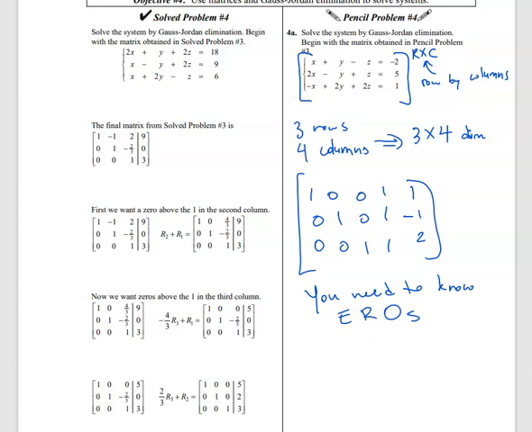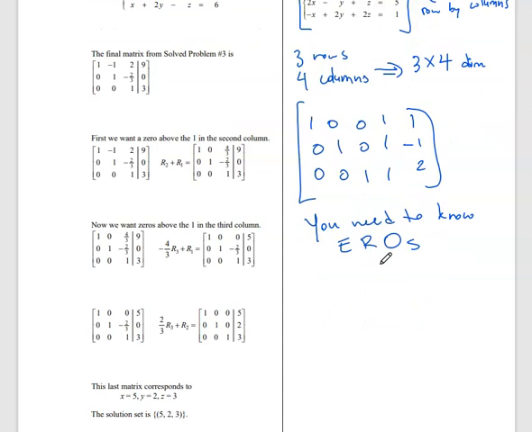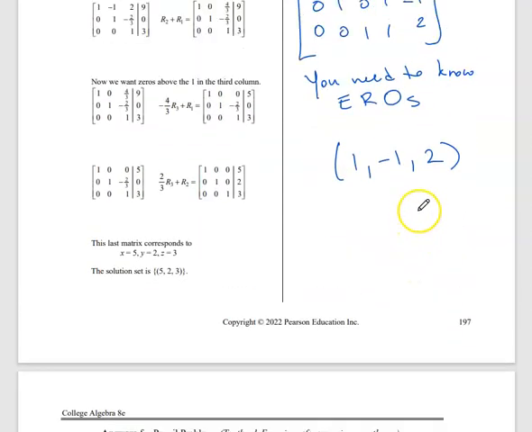It's not as necessary, and I know it can be very time consuming, and so that's why I wanted to show how to do it on the calculator. We just get this one and we solved the system. It goes x is 1, y is negative 1, z is 2. And so that's the solution right there.